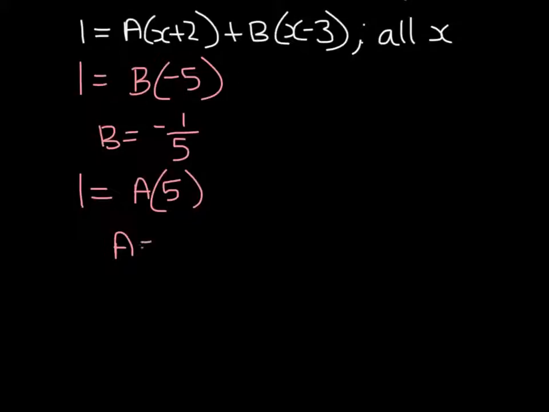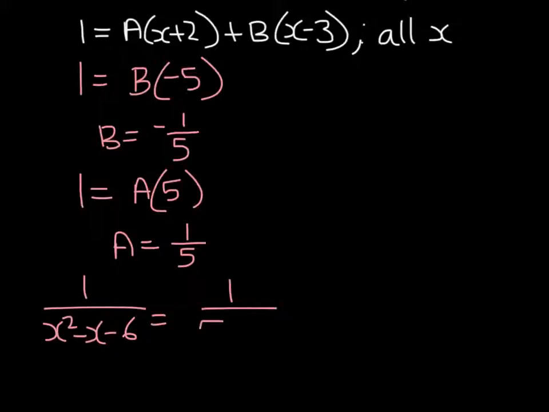So a equals 1 over 5, meaning that 1 over x squared minus x minus 6 is equal to 1 over 5 times x minus 3 minus 1 over 5 times x plus 2.